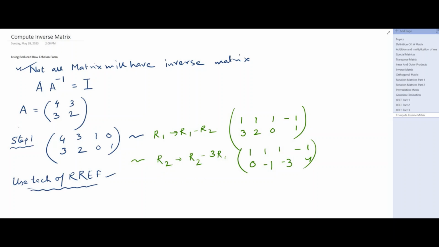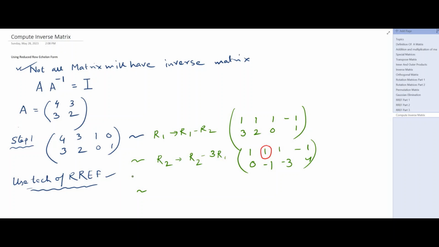But now we have to do the next step. We need to make sure that this is coming as 0, because above any pivot element, whatever values are there should be 0.